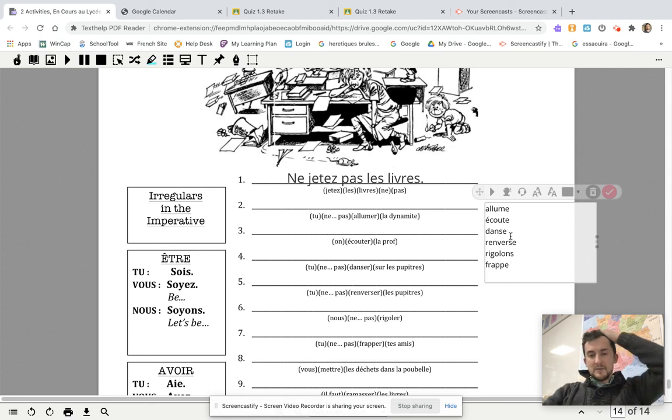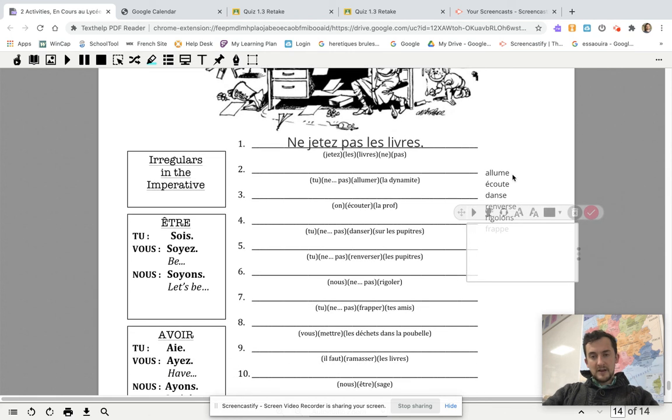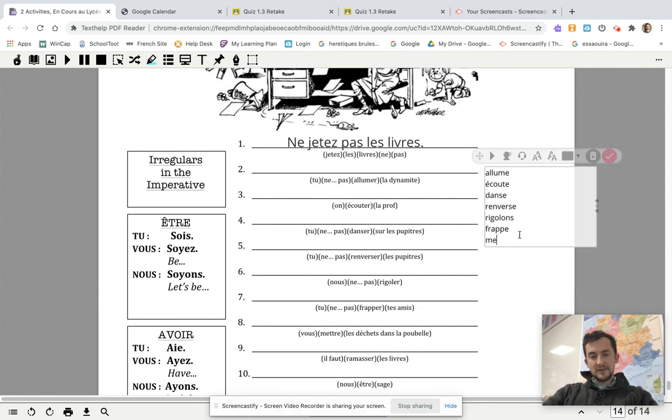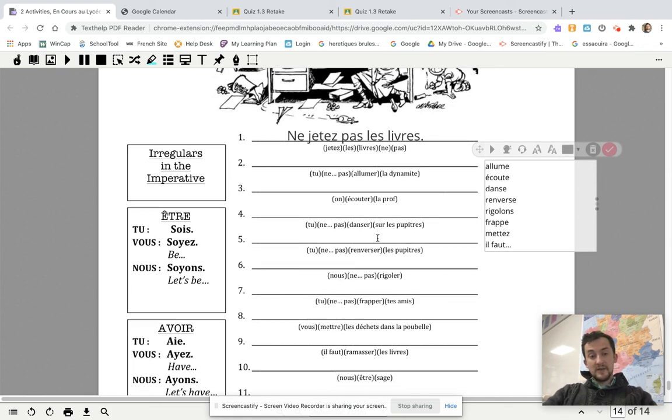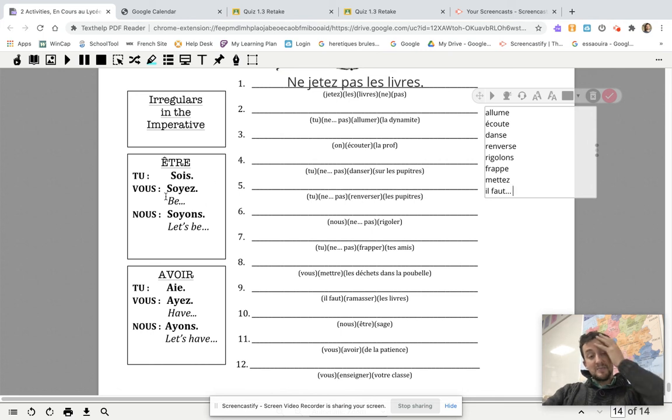You also have to remember not to actually write the tu or the vous. Mettre, you have not learned how to conjugate yet, but it's vous mettez. It is irregular, but not for that. Il faut, you're going to have to use il faut and then use the infinitive. And then nous, there's a little key over here because to be is irregular.